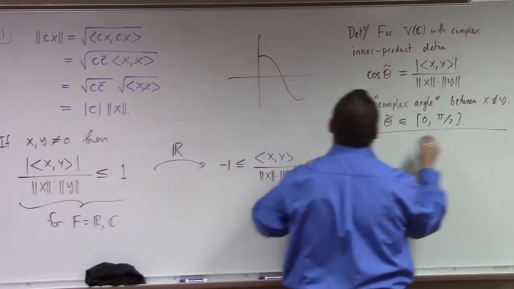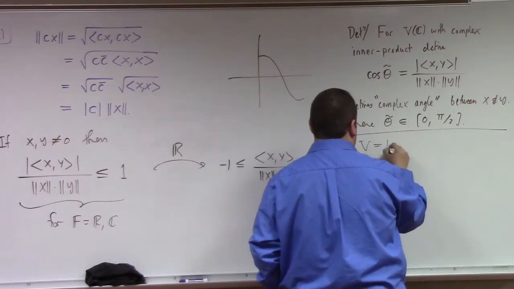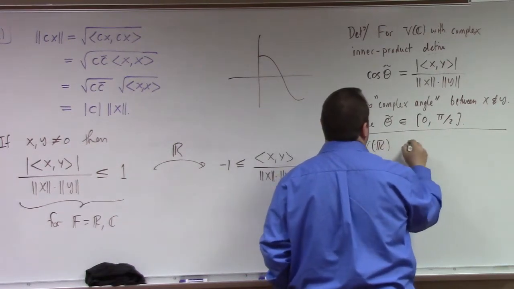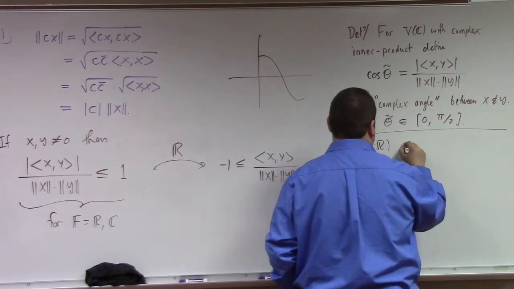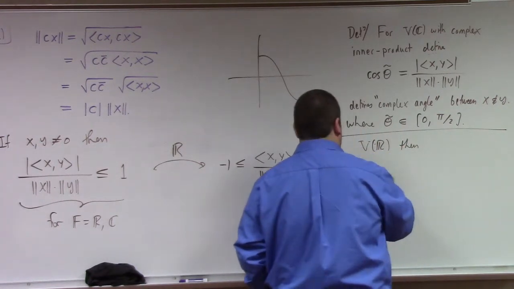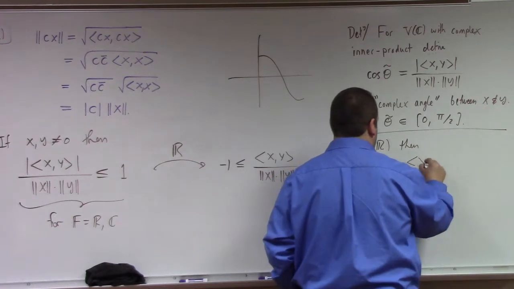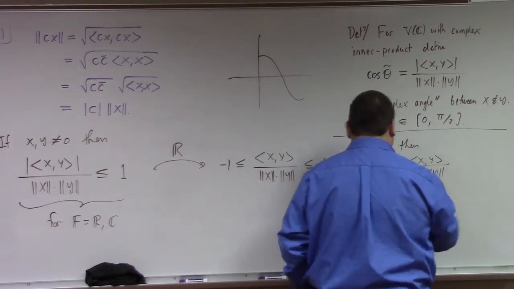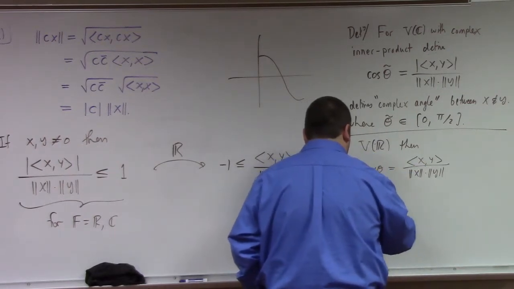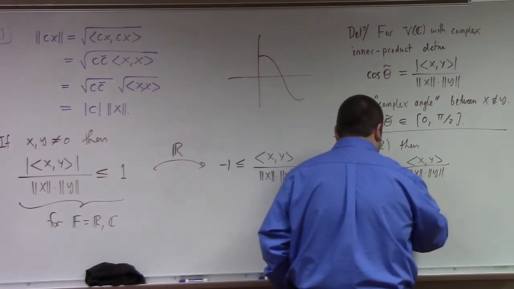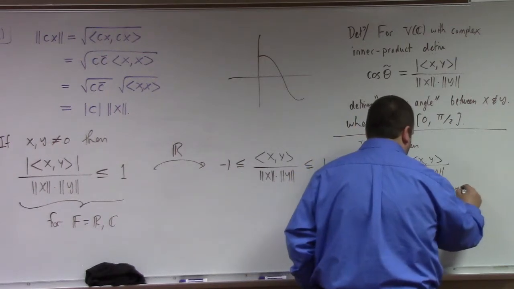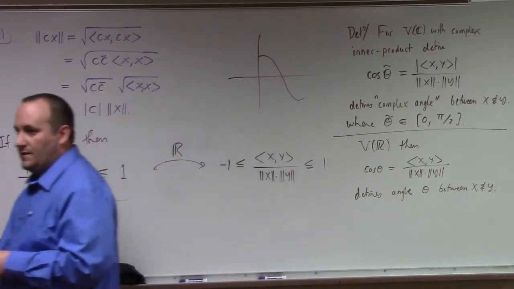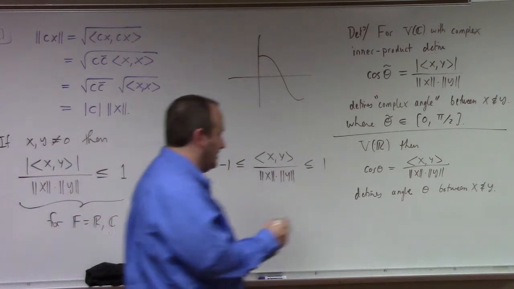On the other hand, if V is a real vector space and we've got a real inner product, cosine theta equal to just the plain old inner product of x and y over the length of x times the length of y defines the angle theta between x and y. And there, of course, theta can range from what?